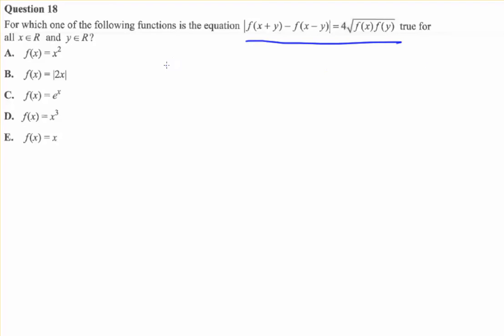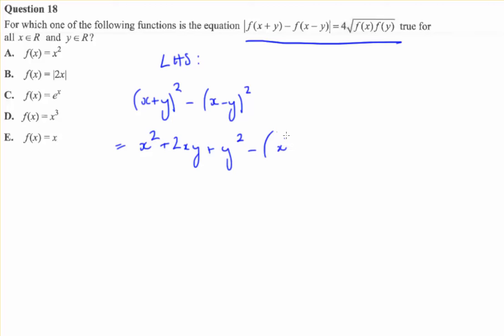If you're doing it by hand, you look at the left-hand side, and we have f of x plus y, which is (x plus y) squared minus (x minus y) squared, equals x squared plus 2xy plus y squared minus x squared minus 2xy plus y squared.